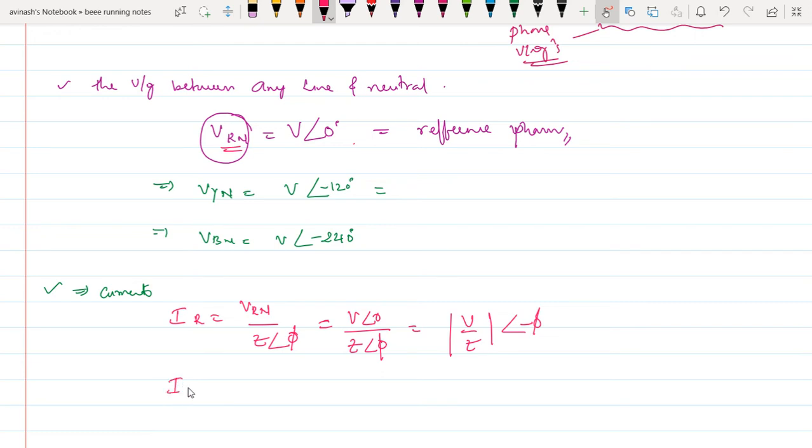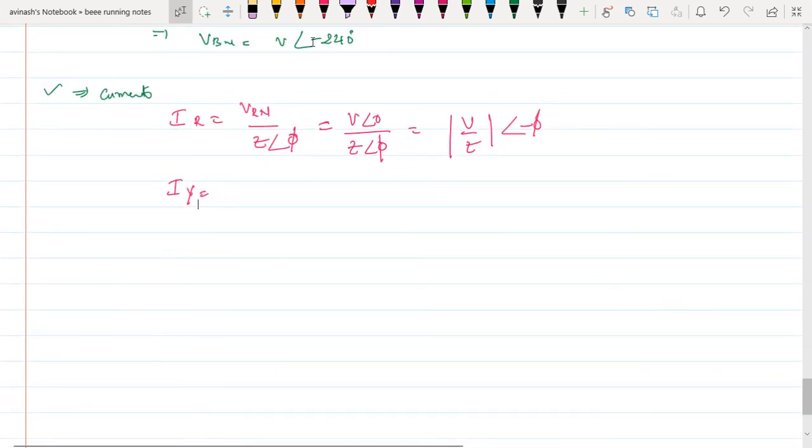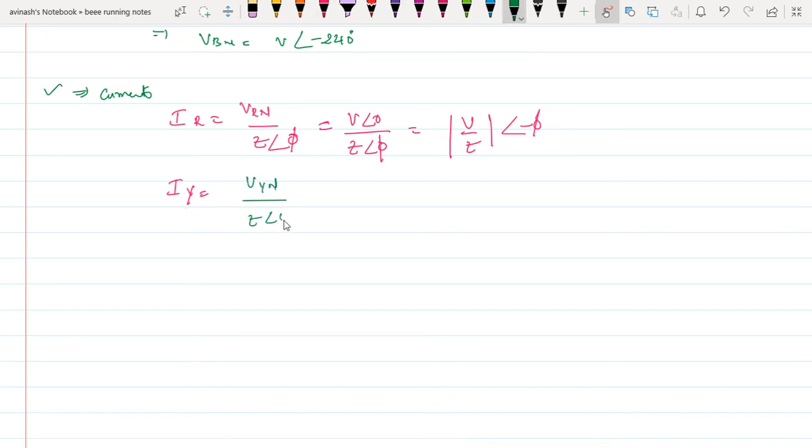In the same way, what about Y phase? Y phase current is nothing but VYN divided by Z at an angle of phi. What is VYN? VYN is nothing but V at an angle of minus 120 degree divided by Z at an angle of phi.